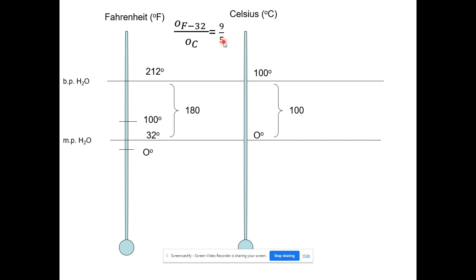Divide both top and bottom by 20, you get 9 over 5. And the reason we have the minus 32 is that the Fahrenheit scale's melting point is not at 0, it's at 32. So this is the equation we'll use when doing conversions between Fahrenheit and Celsius. I think that's the harder conversion to make.